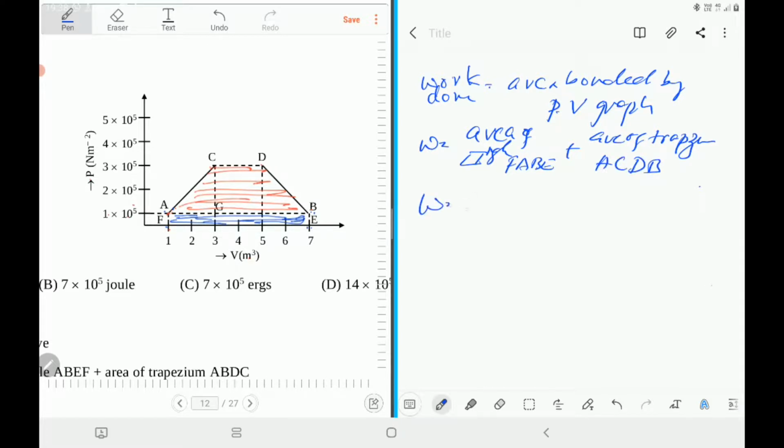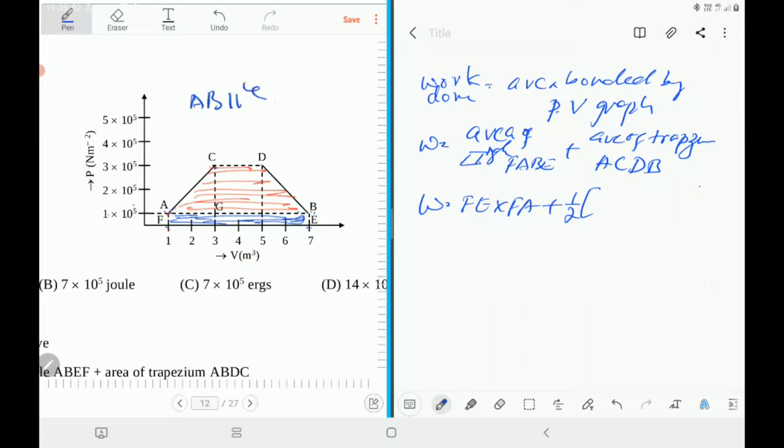What is the area of a rectangle? Length into breadth, length FE into breadth FA. Plus what is the area of a trapezium? You have forgotten? No. Half into sum of parallel sides into perpendicular distance. The parallel sides are AB and CD, AB parallel to CD. Their sum you have to find, into the perpendicular distance.